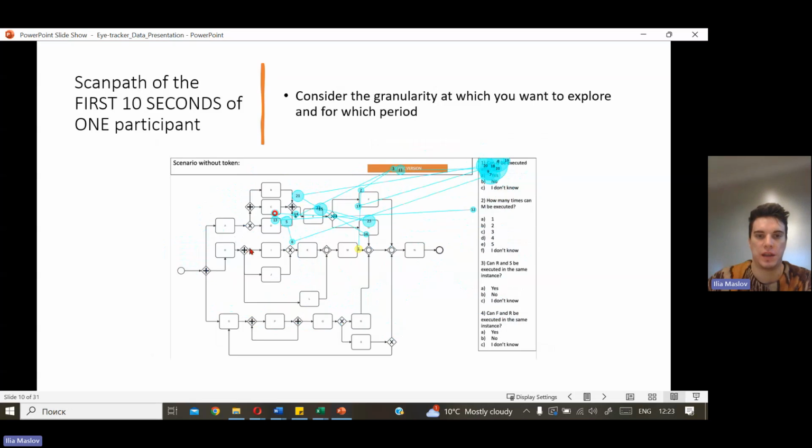But in order to know the dynamic, the order, you make it even more granular. You look at this picture and you see, for example, he starts immediately from the first question, because this one is related to this area. And so in the first 10 seconds, he's looking at these two aspects.